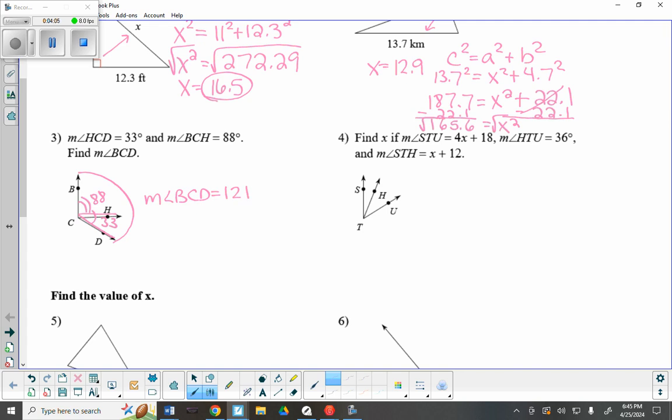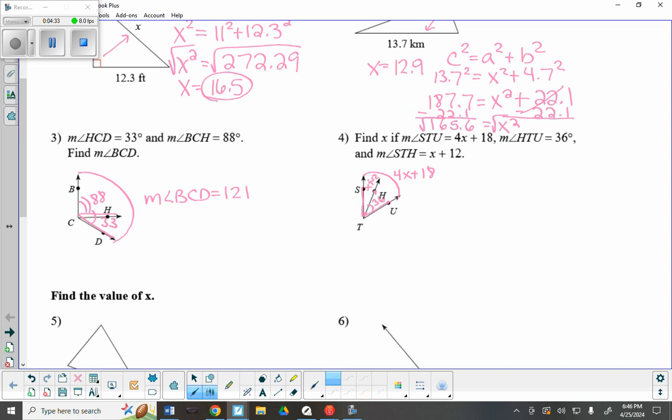In the next example, we need to label. It says the measure of angle STU, so that's the whole thing, is 4x plus 18. The measure of angle HTU is 36. And the measure of angle STH is x plus 12.